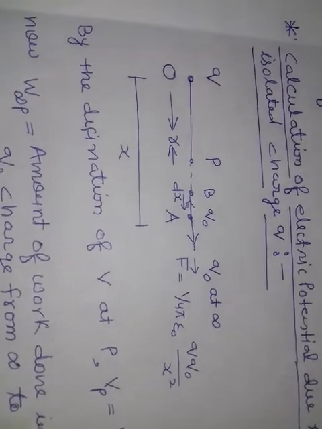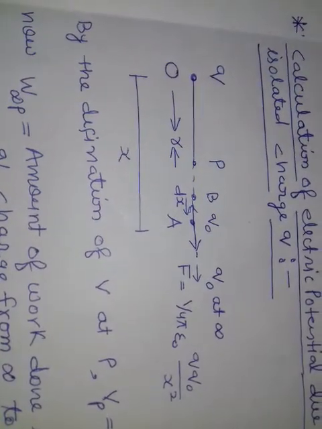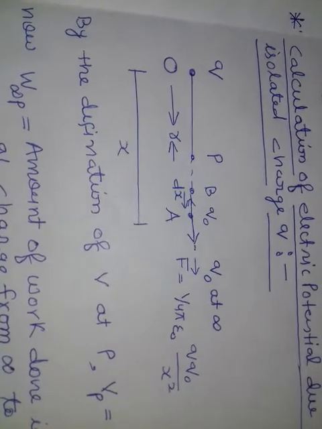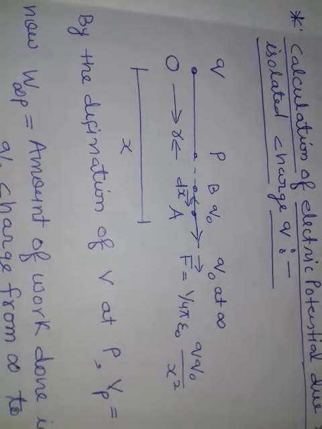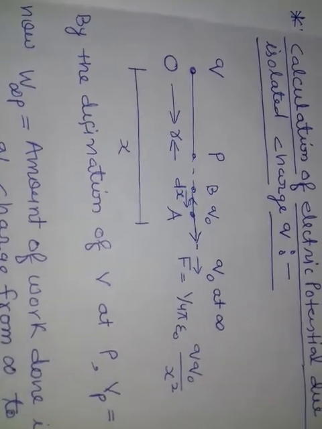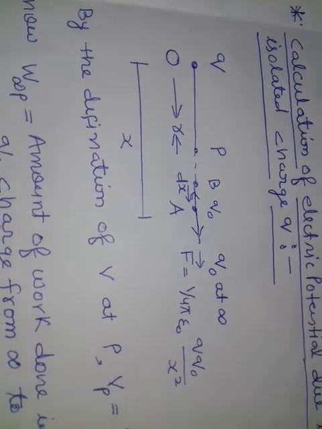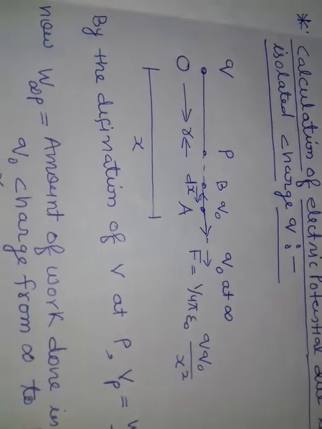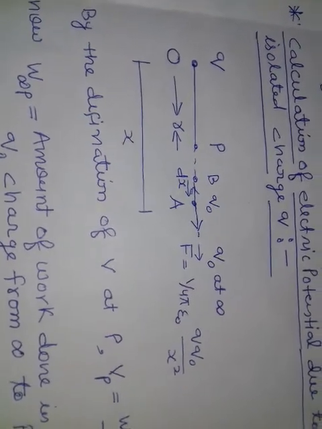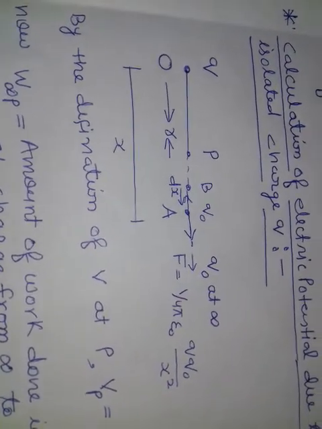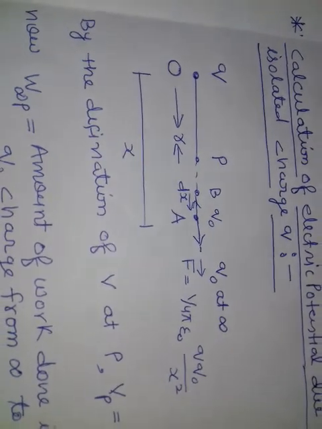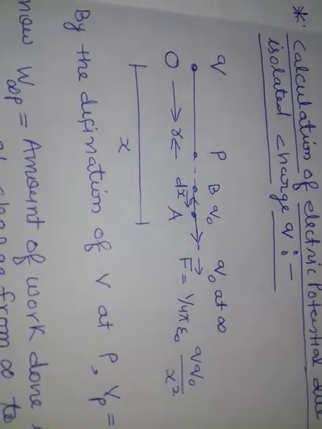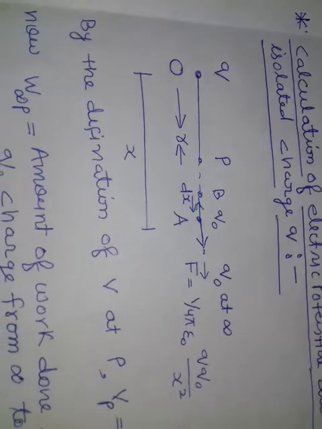Okay, we will break this path into very small infinitesimal path elements. Displacement of each path is dx. We take at any instant Q naught is at a location A, which is at a distance x.